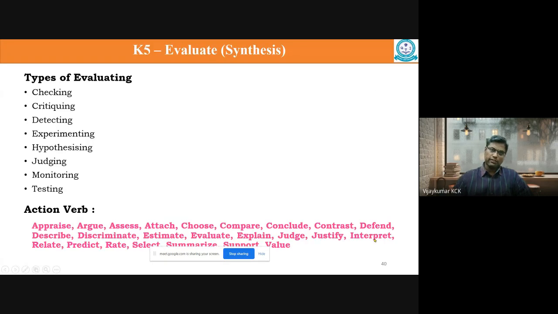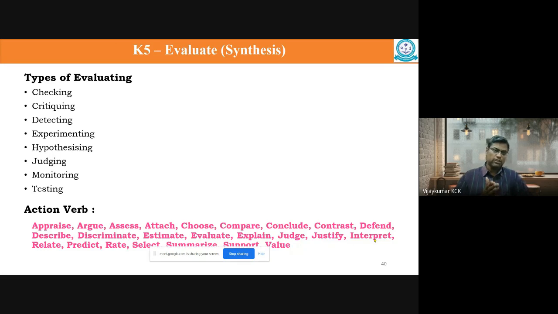The next is evaluate. This is a type of evaluating, that is checking, critiquing, detecting, experimenting, judging, monitoring, testing, all these things. This is under the UG category. This is really a high order thinking type of Bloom's taxonomy assessment.